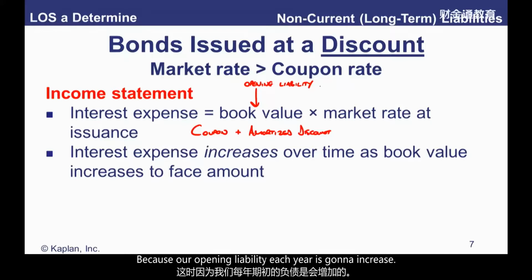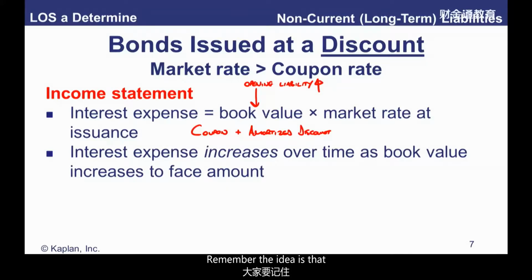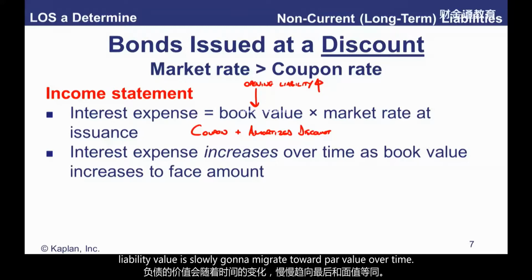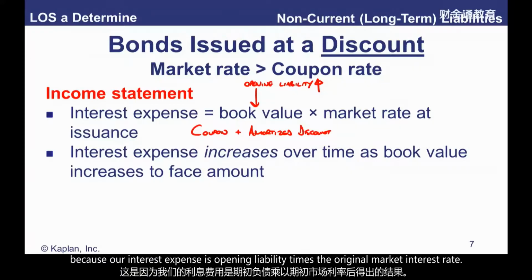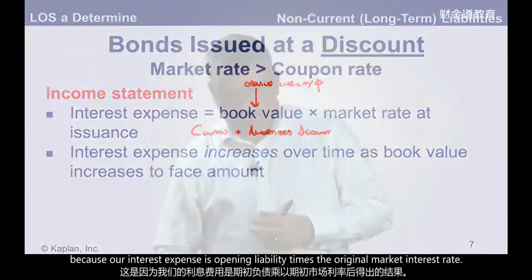Why? Because our opening liability each year is going to increase. Remember, the idea here is that liability value is slowly going to migrate towards par value over time. So as the liability gets bigger, then of course interest expense gets bigger, because our interest expense is opening liability times the original market interest rate.